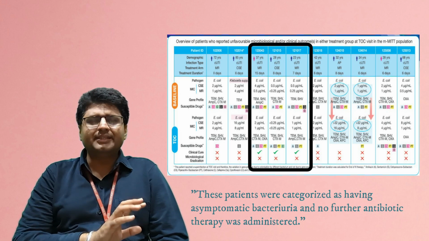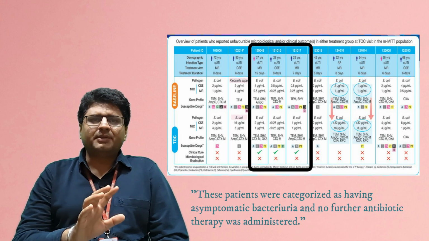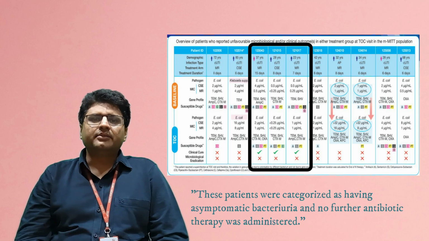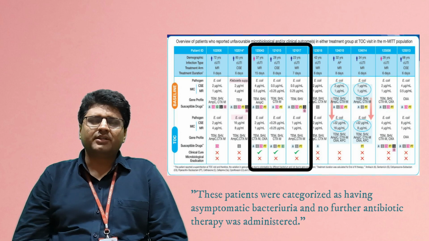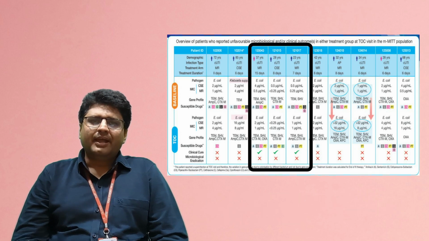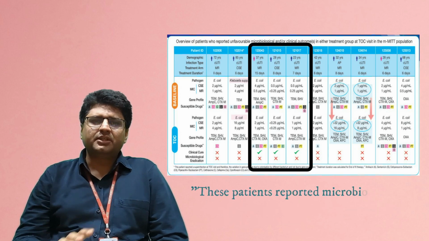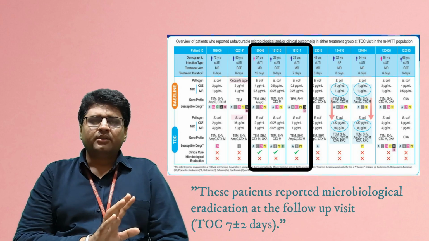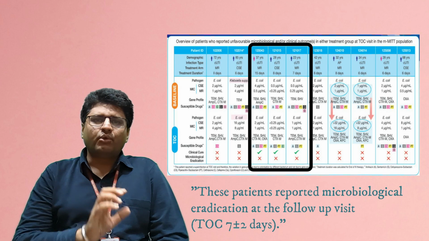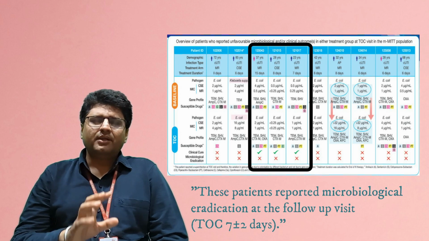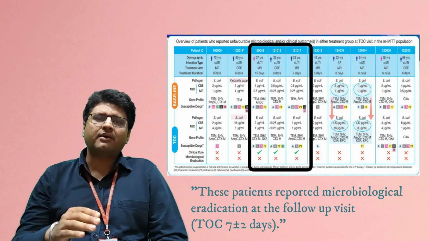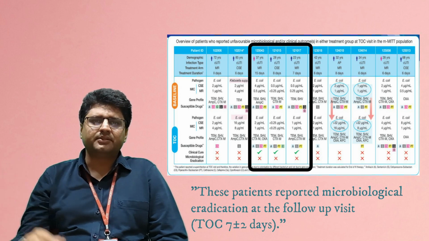Because they were asymptomatic, the presence of bacteria in urine is not considered an infection, and therefore no further antibiotic therapy was administered. And even these patients reported microbiological eradication at the follow-up visit. So what is this follow-up visit? The follow-up visit is the period of 7 plus or minus 2 days, which means 5 to 9 days after the TOC, test of cure visit.